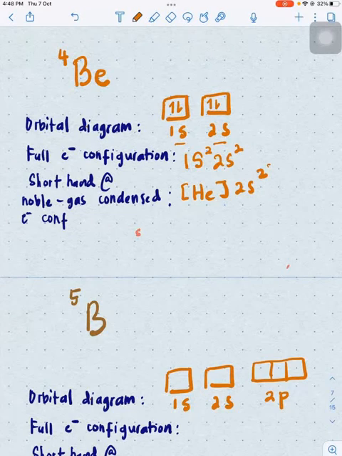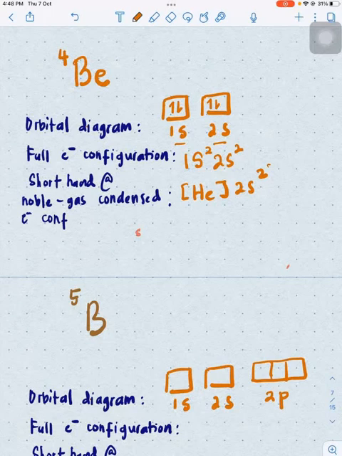So what can I say is, okay, kalau kita tengok kepada periodic table, helium adalah the first noble gas that has 2 electrons, right? And the next one, it is followed by neon. So untuk elemen yang in between helium dengan neon, maksudnya untuk elemen yang ada lebih daripada 2 elektron tetapi kurang daripada 10, we are going to use helium as our condensed electron configuration.